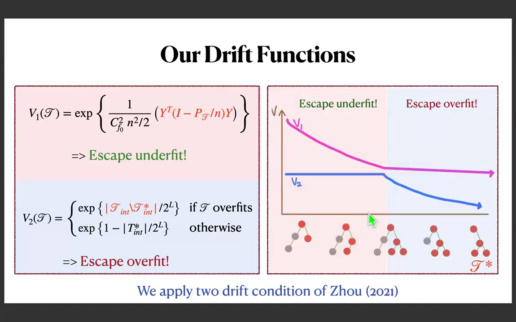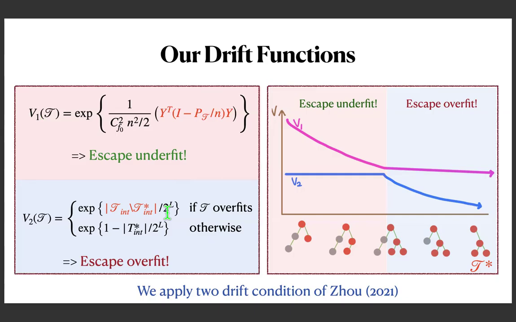So in our work, to explain the underfit escape, we designed the first drift function to have a positive relationship with the residual. And to explain the overfit escape situation, we designed the second drift function to have a positive relationship with the size penalty of the tree.